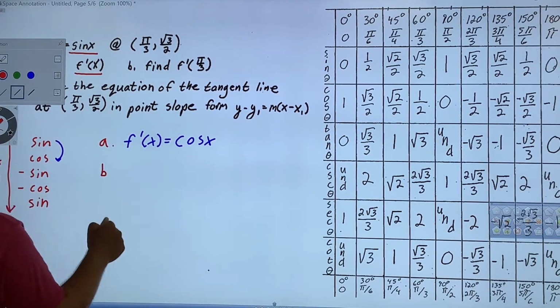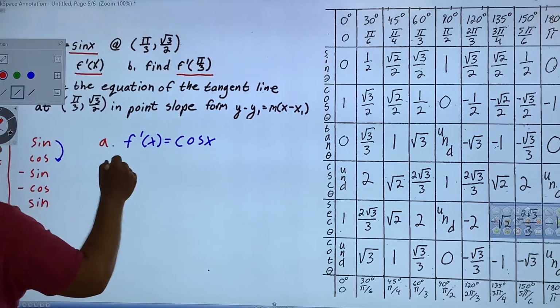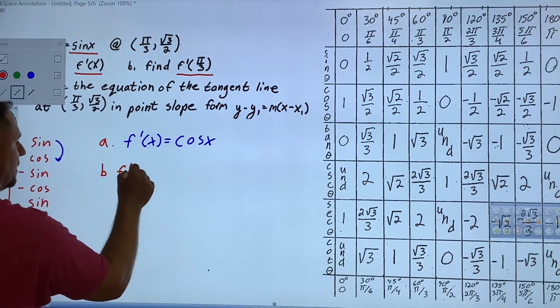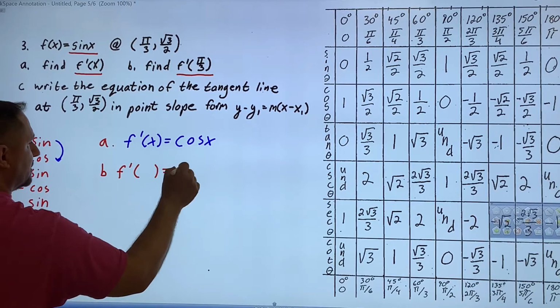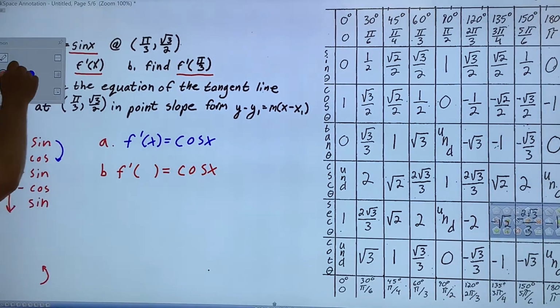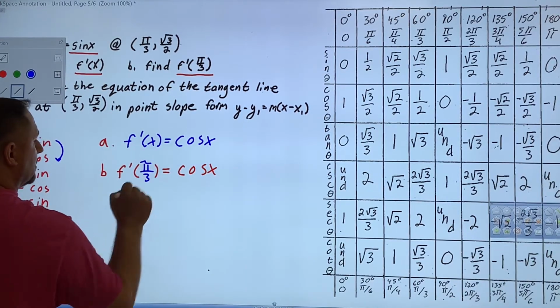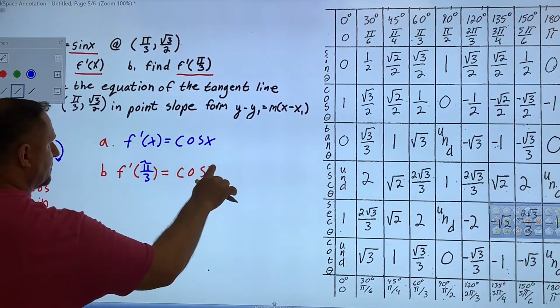Part B, now it gets a little bit more involved. It wants me to find f prime of pi over 3. So f prime of pi over 3 of cosine x. What I want to do is take that pi over 3 and plug it in.